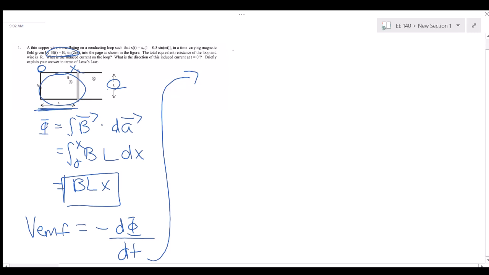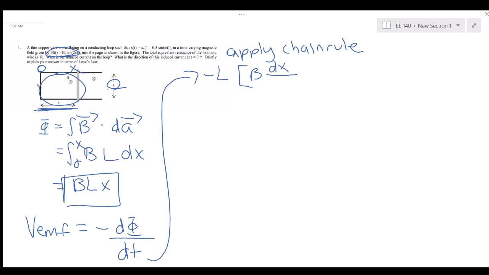So we're going to apply the chain rule. That's going to be negative L times B dx/dt plus x dB/dt, because the magnetic field and the area change with time. Our L is constant, so it stays out.